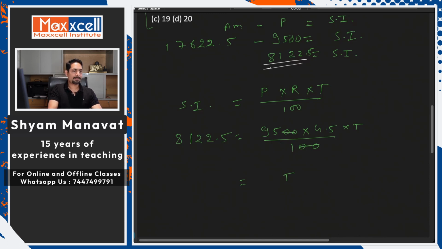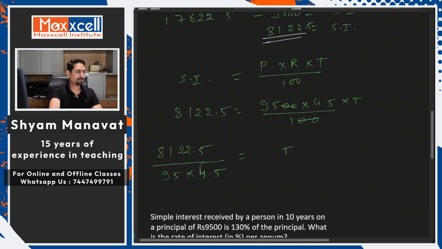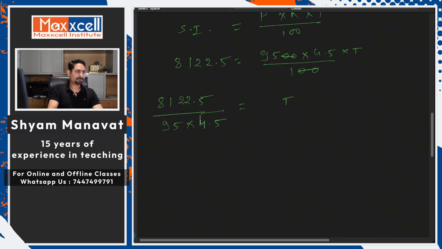Okay, now to calculate time I'll take all these values to the other side. So a number in multiplication will go in division: 8122.5 divided by 95 into 4.5. Okay, now you can simplify this. I leave the calculation with you. You can do the calculation by yourself.